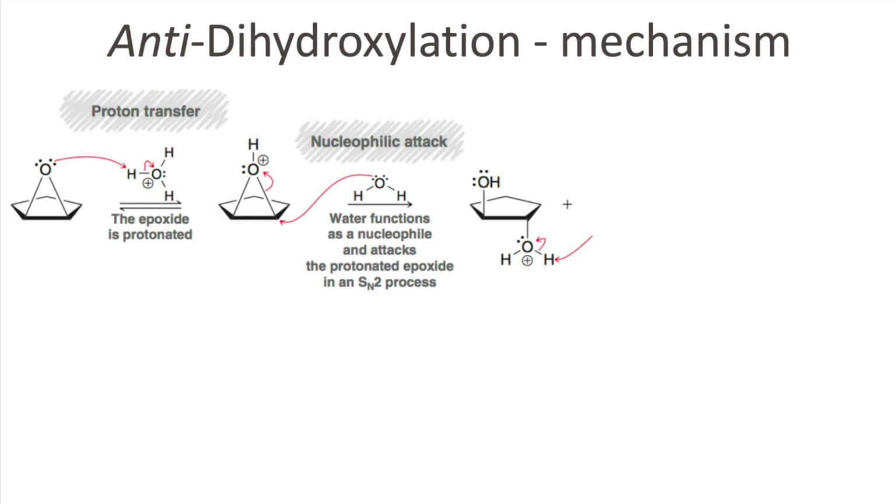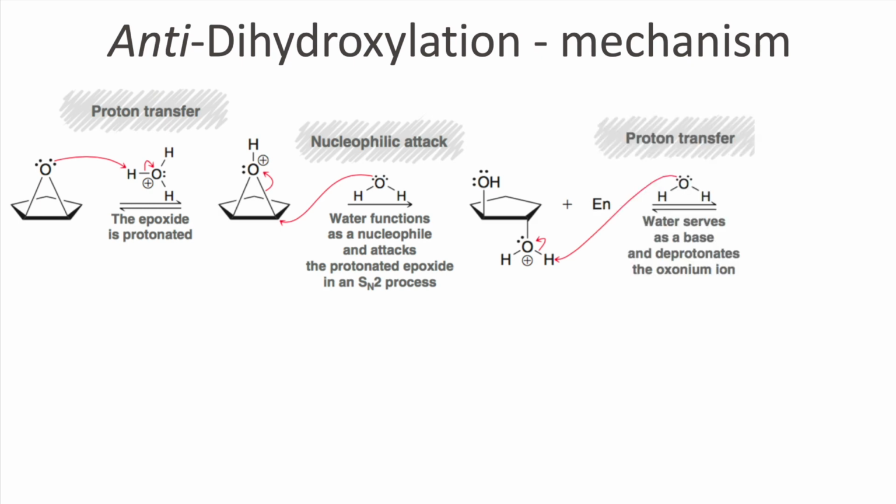You just have to do one more proton transfer step. And since we have our water in hand, that will be our base to remove the proton. All right, giving us our final product, the trans-diol. Again, since the epoxide can form from the opposite face of the alkene, you will also get your enantiomer.